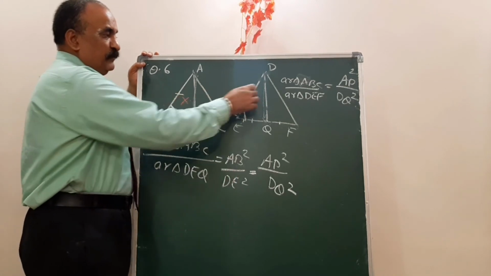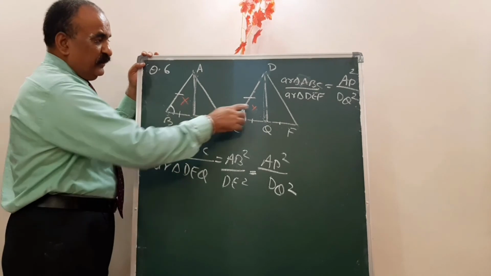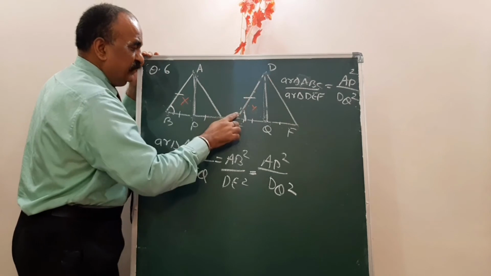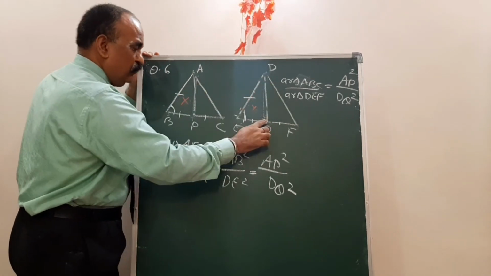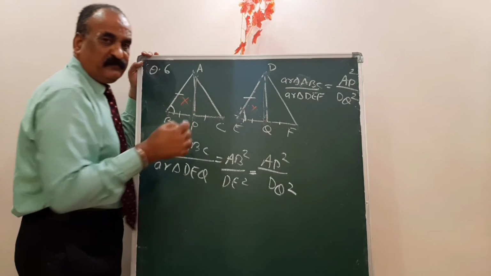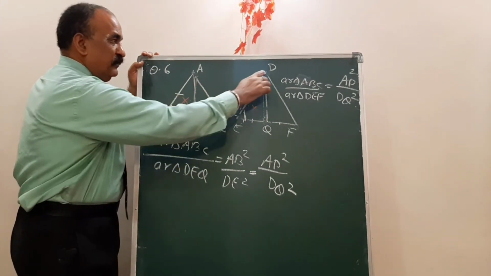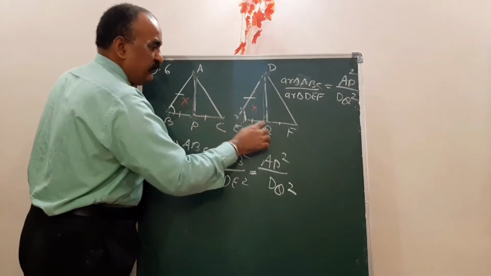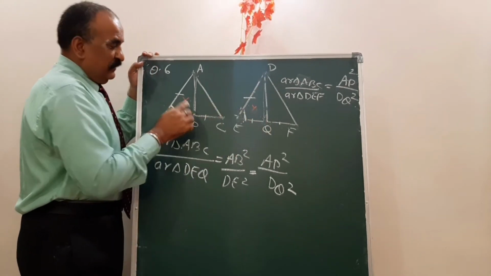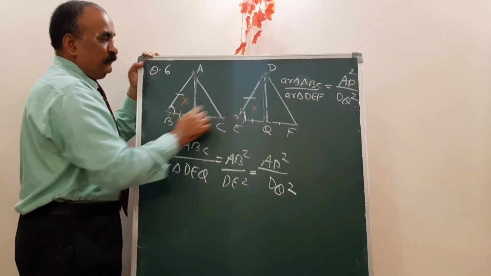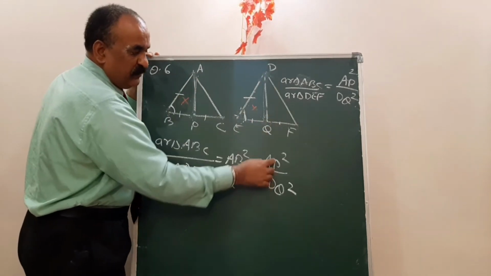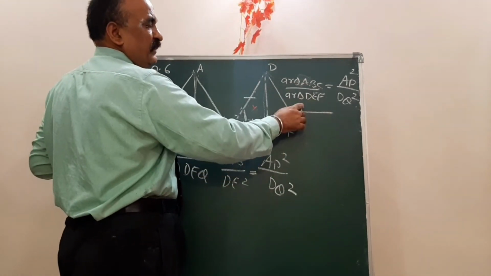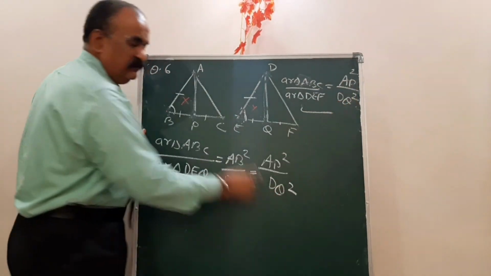And you already proved that AB upon DE is equal to AP upon DQ is equal to PB upon EQ. So you can write AP square upon DQ square. So this is proved. The area of triangle ABC upon area of triangle DEF is equal to AP square upon DQ square.